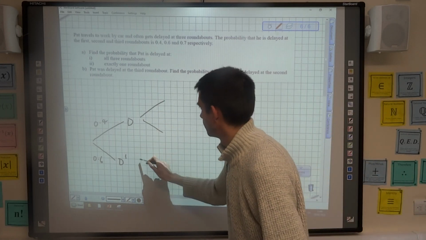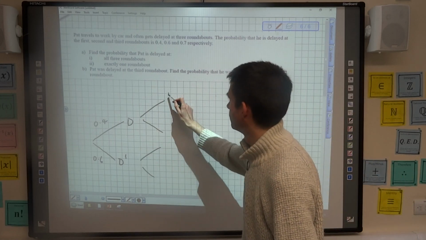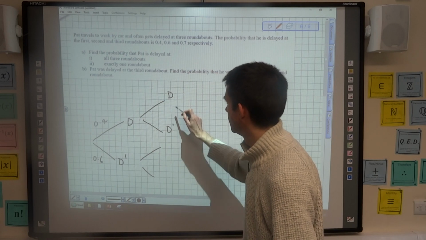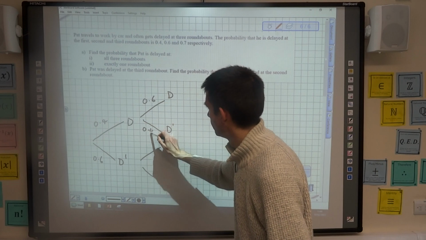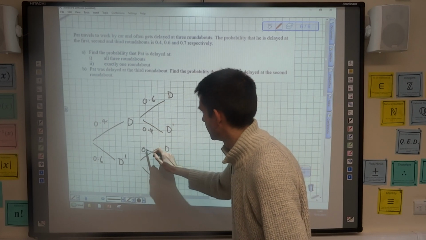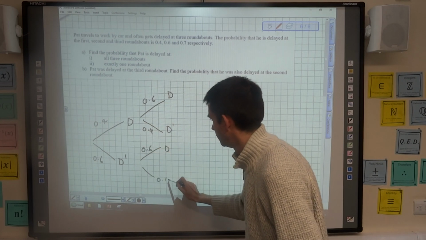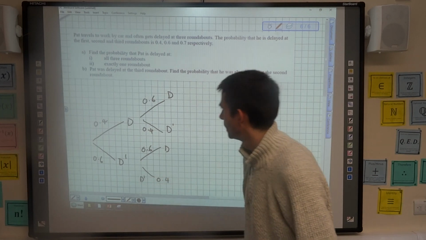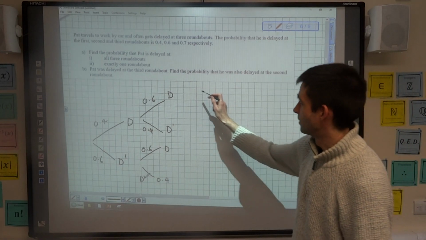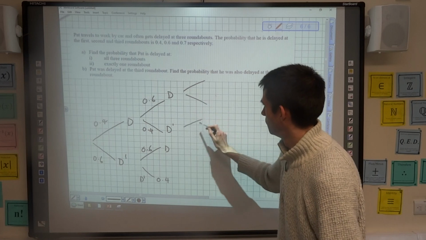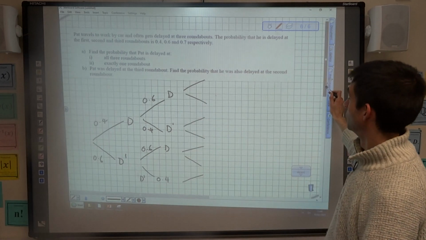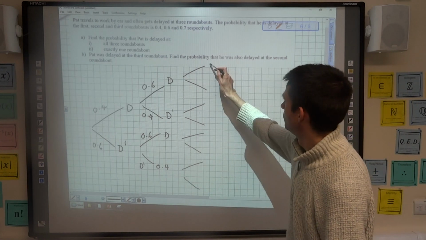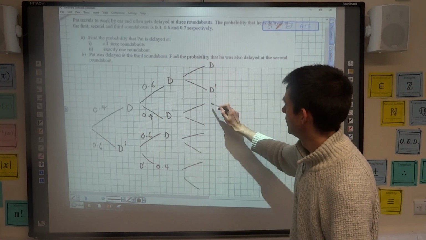Second event is roundabout 2. I have probability being delayed and not being delayed, which is 0.6 and 0.4, and then the same on the other set as well. And then I have the third roundabout, so I've got final branches coming off all of these of being delayed or not delayed.